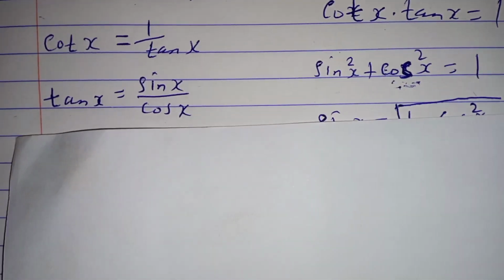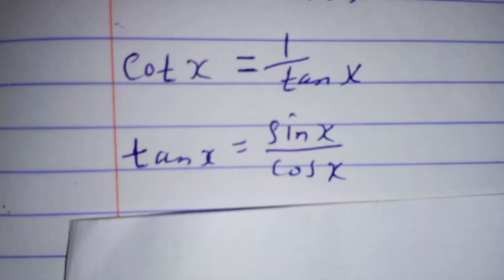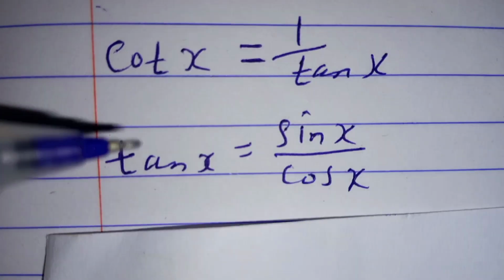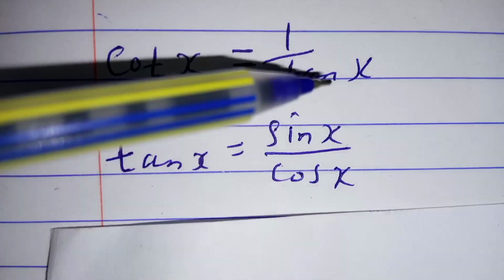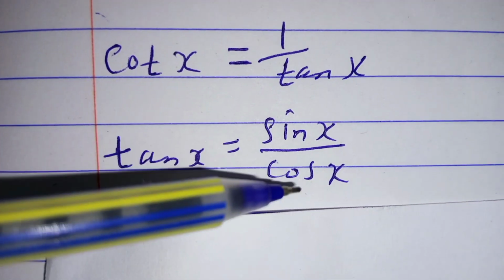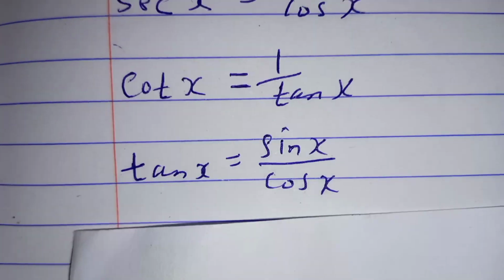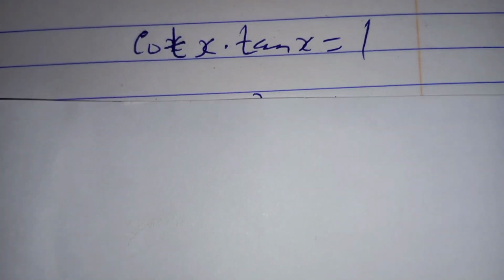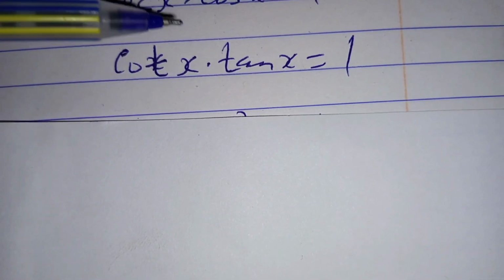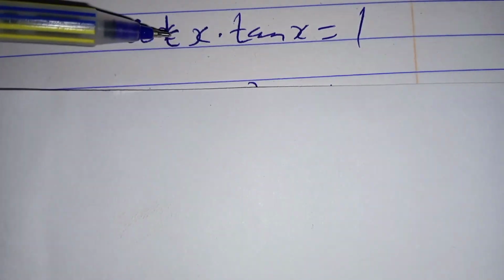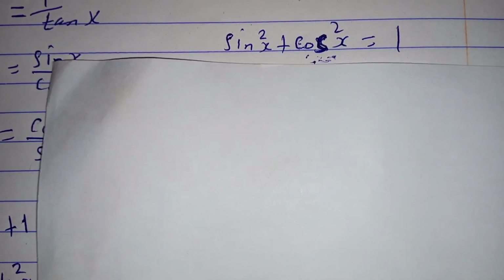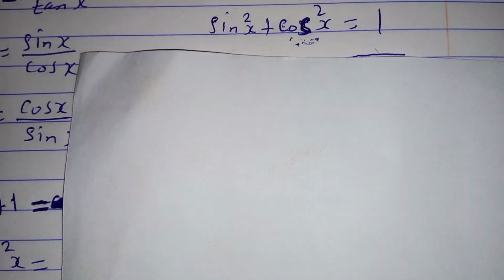And then next, tan x is given by sin x over cos x, meaning that tan x multiplied by cot x is equal to 1, because 1 is the reciprocal of the other, as we have found.